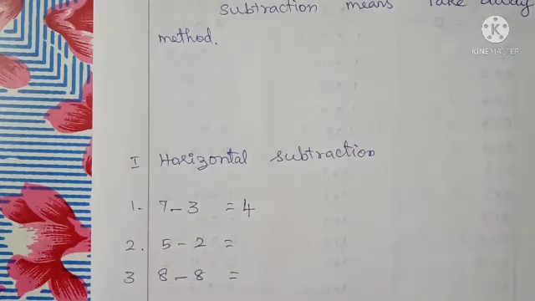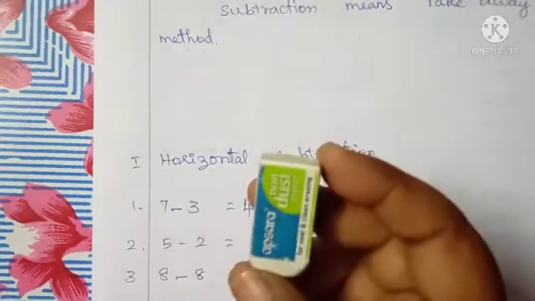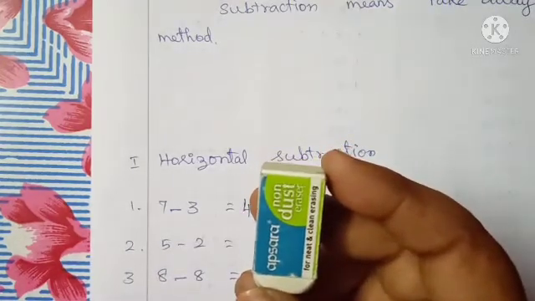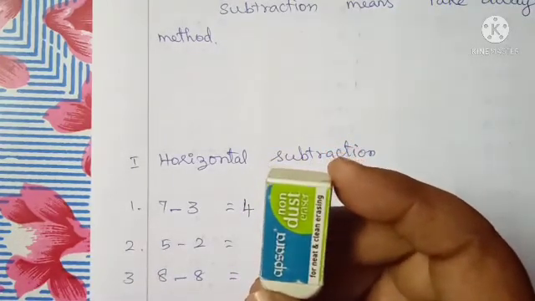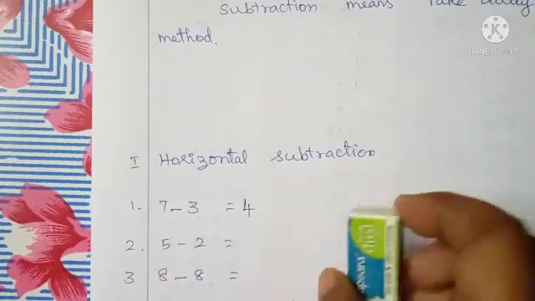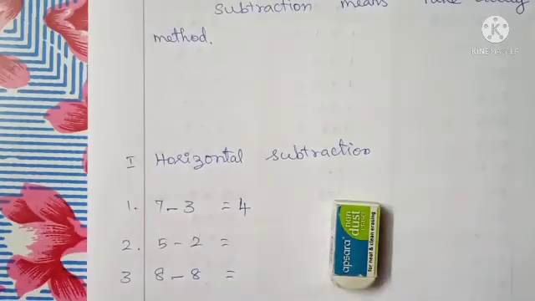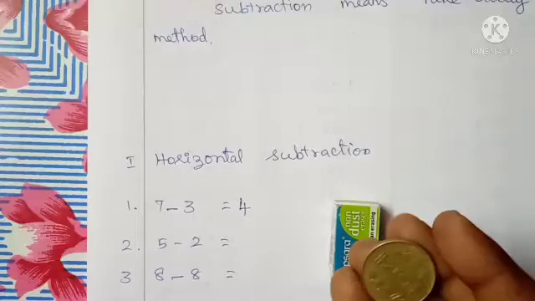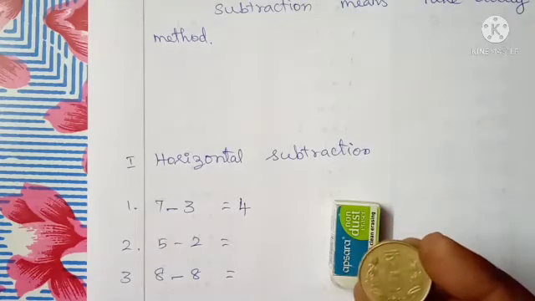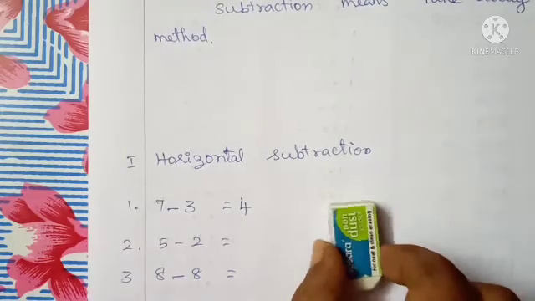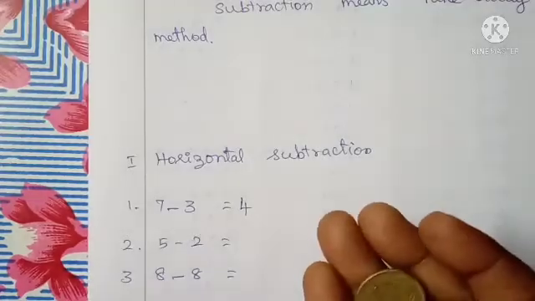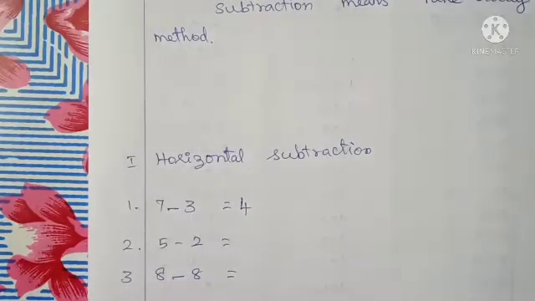Then next one. You want to buy only one eraser. The cost of the eraser is 2 rupees, but you have only 5 rupees. So you give the shopkeeper 5 rupees and buy the eraser. The shopkeeper gives the balance, 5 minus 2.